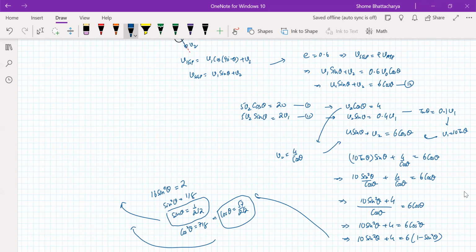So first of all, we can see that v1 is 10 tan theta. So here it will become 10 into sin by cos. So it will become 10 by root 7.